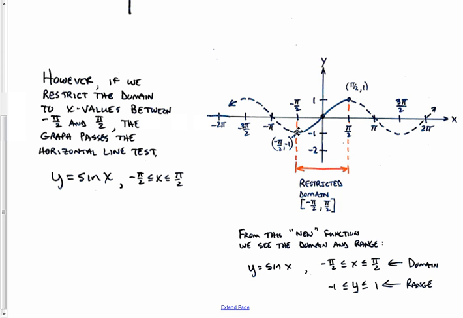We want it to include all the y values we could have, but still make it a one-to-one function so that it has an inverse. So our new function, the one we're going to use to create an inverse from, has these characteristics: the domain between negative pi over 2 and positive pi over 2, and the range between negative 1 and positive 1.